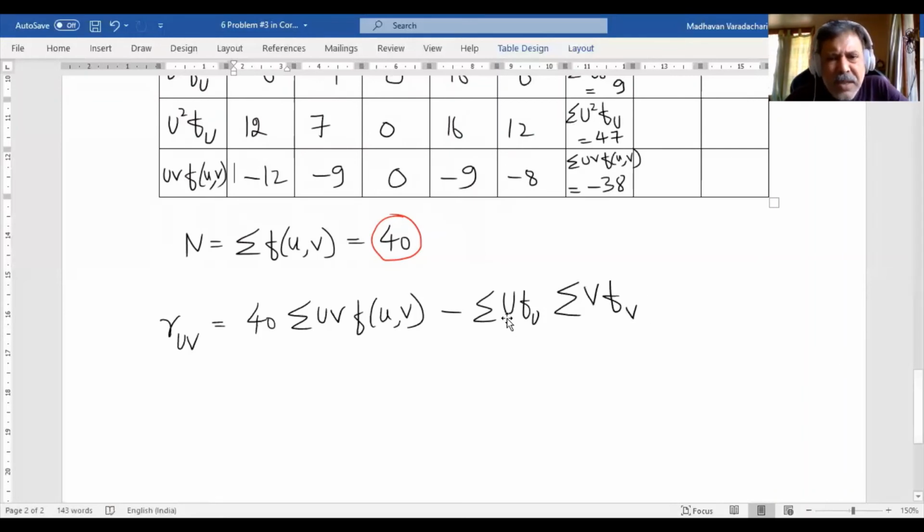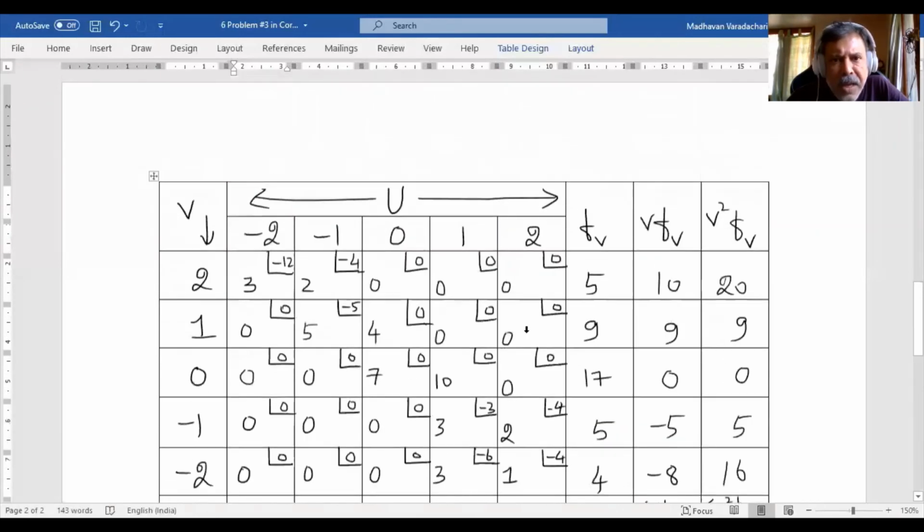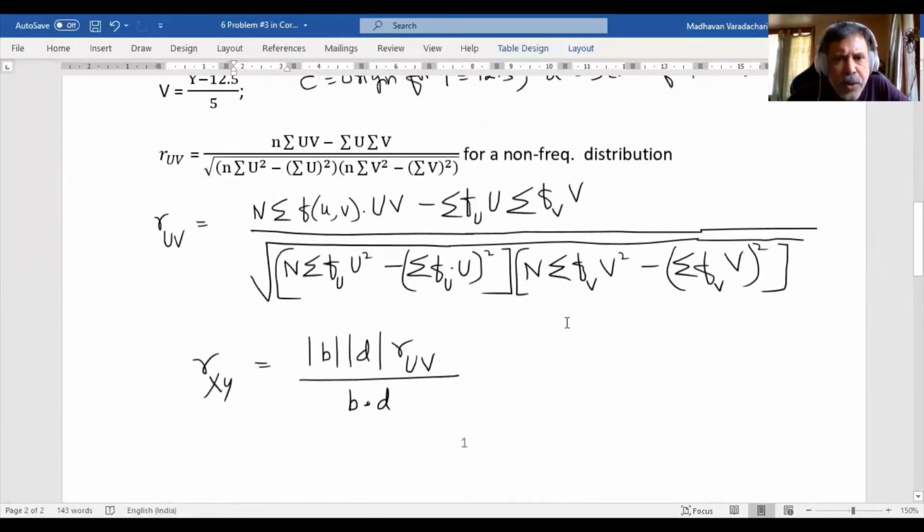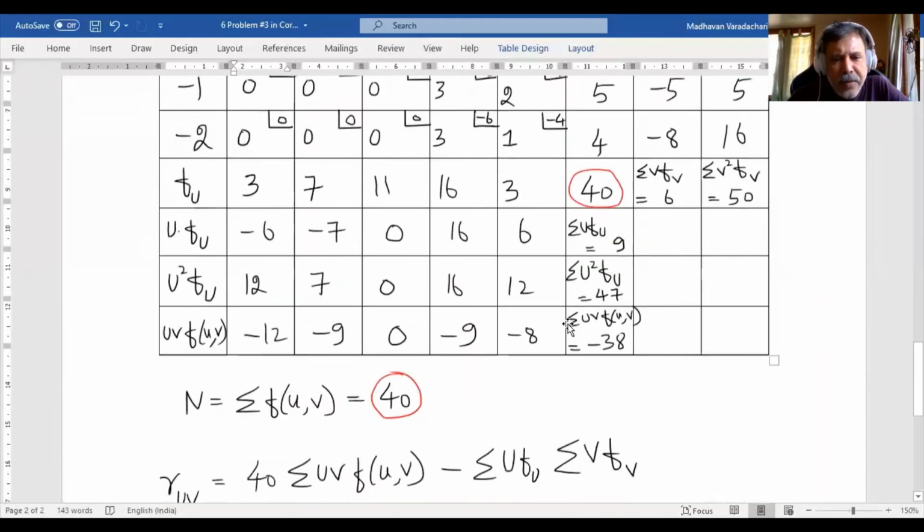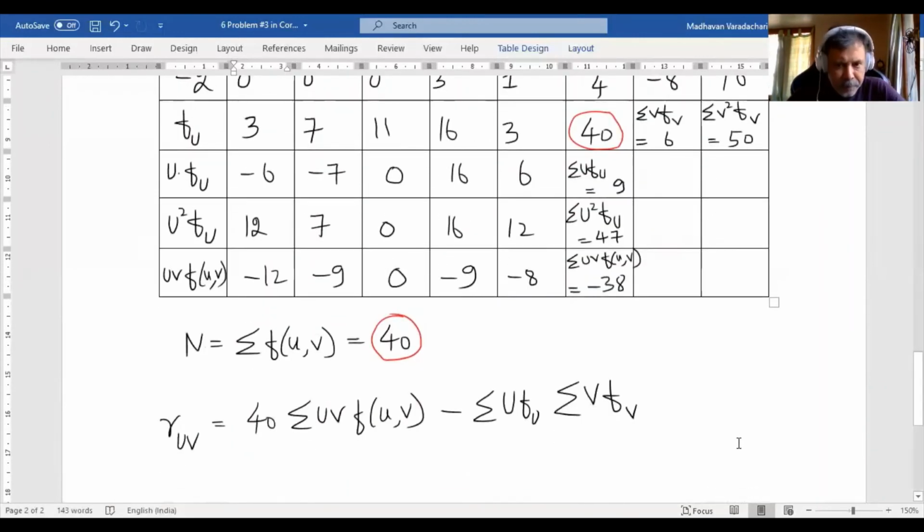So I would have only altered this, means interchanged. In that formula, what I would have initially written is FU into U. Now I just wrote it as U into FU. That's all. Otherwise, it is the same.